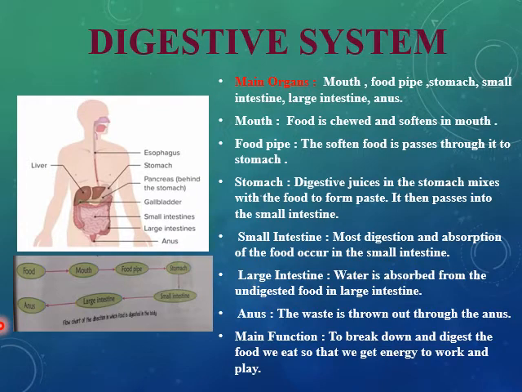The food that we eat is broken down by our body into simpler pieces. And the process by which the body breaks down the food into simpler pieces is known as digestion.